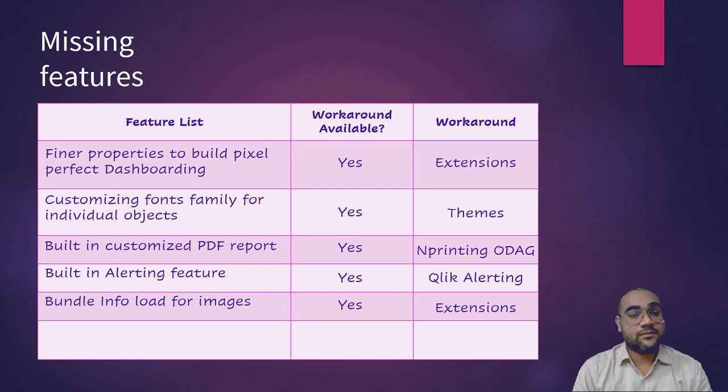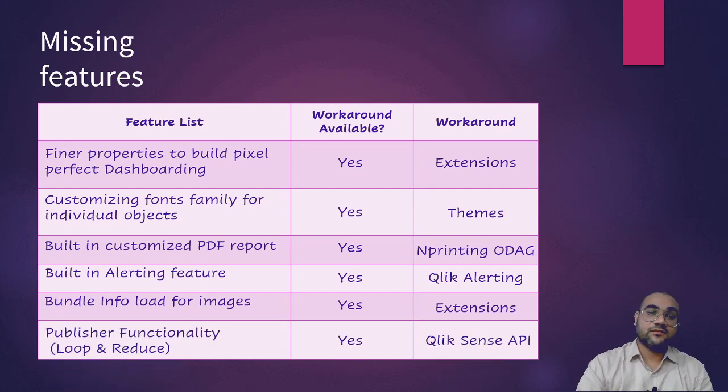In ClickSense, bundle info load is not possible. So you cannot show the dynamic images based on the selections. But if you have to do that, you have to use free extensions, or you can create your own extensions for dynamic change of the images.